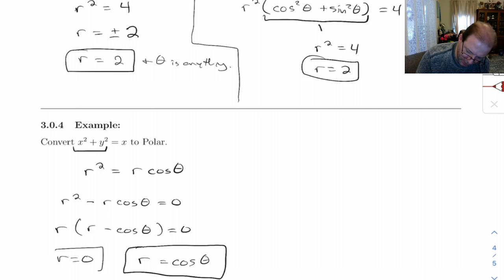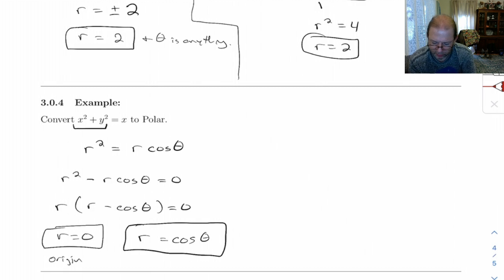Now I'm going to keep this. And what about this over here? R equals 0, that's just the origin by itself. R equals cosine theta is going to be something more interesting. We saw it a minute ago. It's going to be a circle. But do we need to keep that r equals 0 part? I don't think so. Here's why.